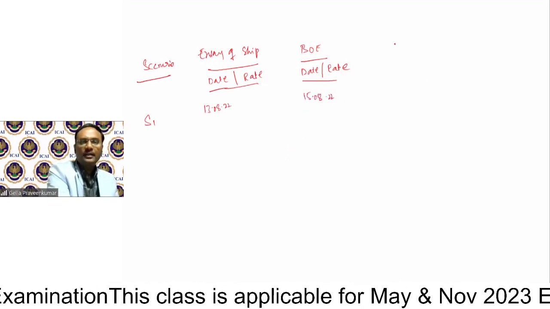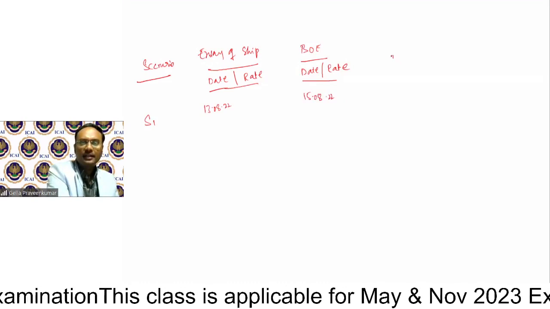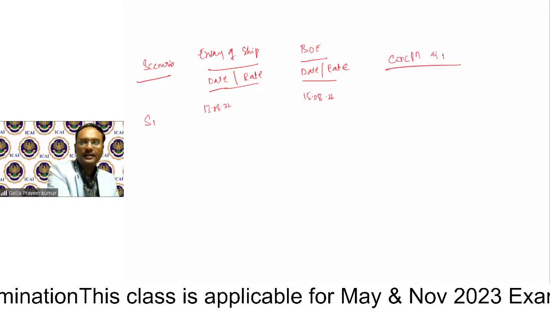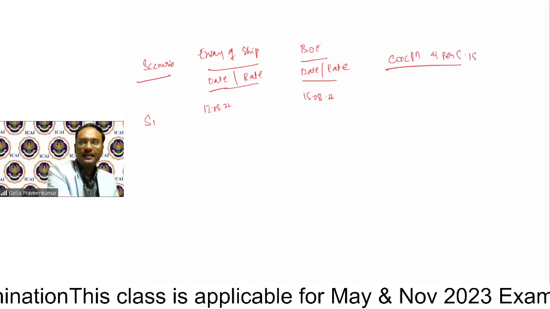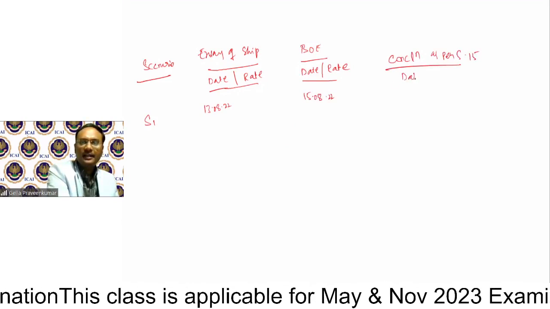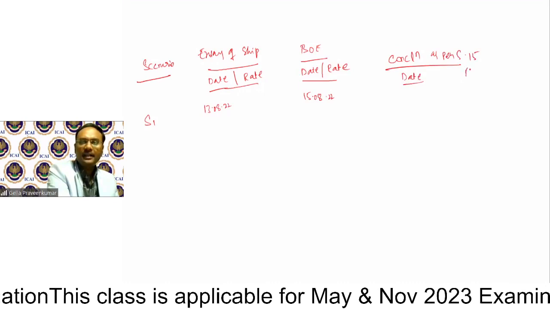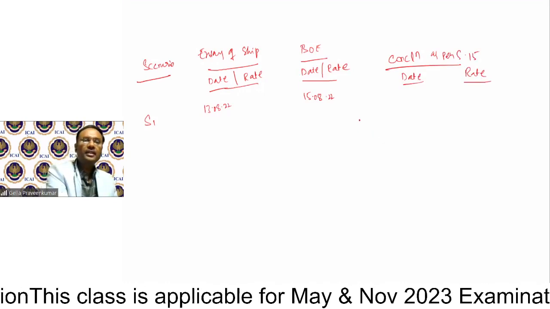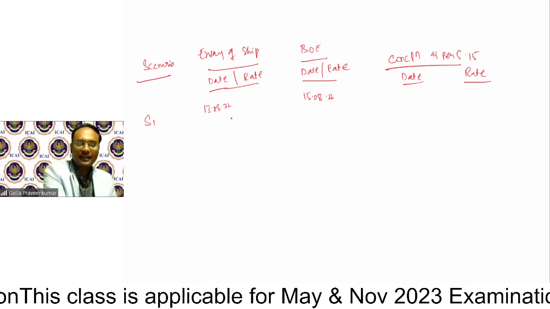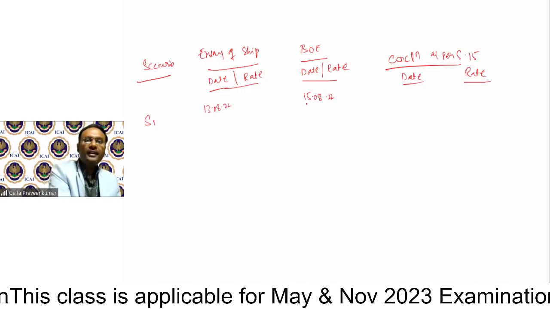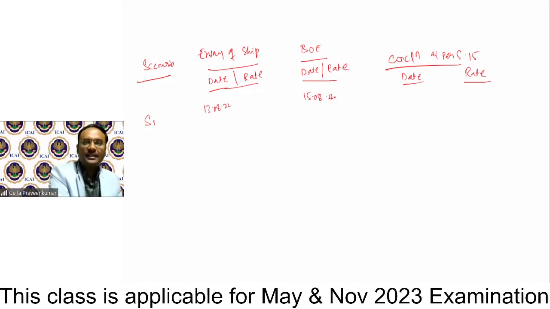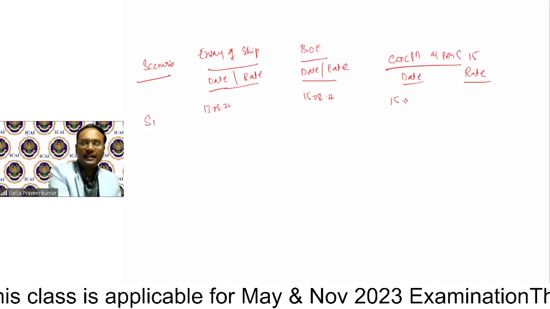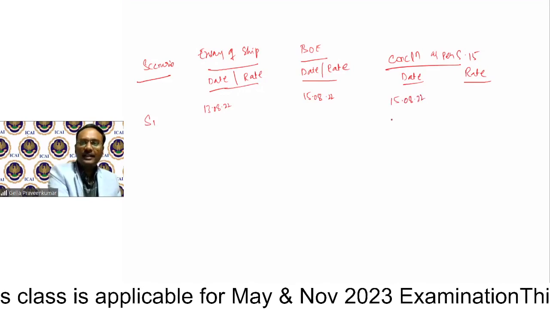Now, I'll put here the conclusion as per Section 15. My date relevant and my rate of duty relevant, right? Now, on 13th August, I have entry of ship. Bill of entry is on 15th August. As per Section 15, which is the date relevant? 15th August is relevant.